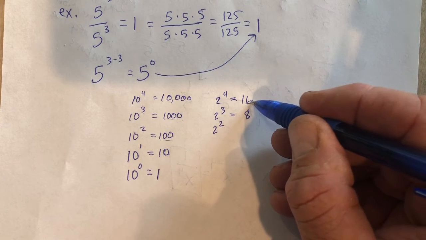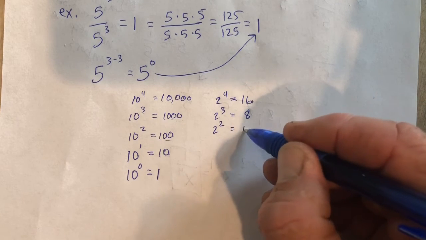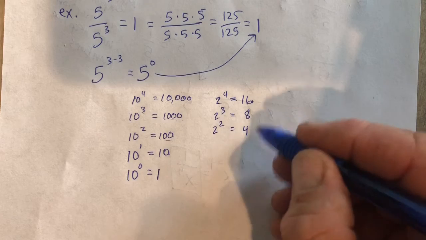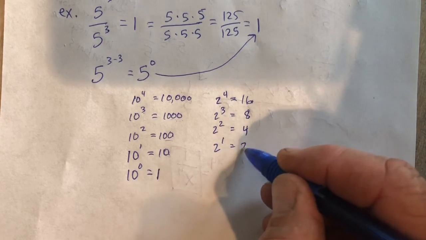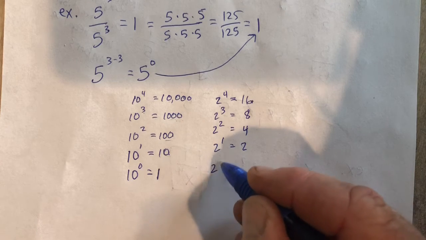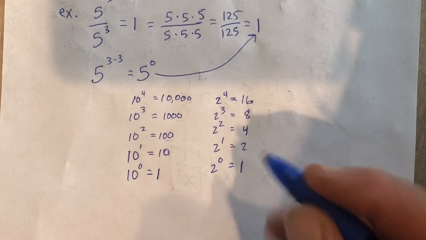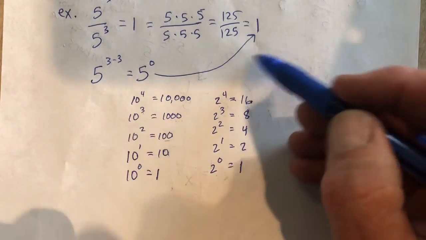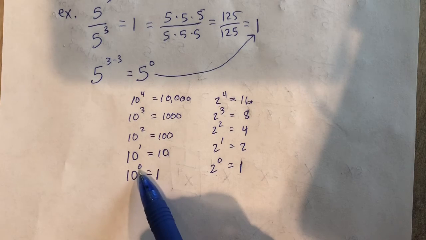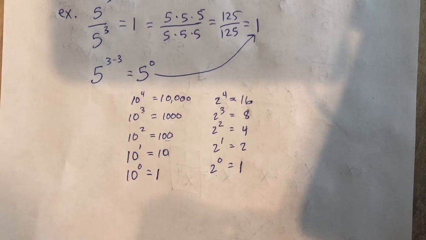So 16 divided by 2 is 8. 8 divided by 2 is 4, which makes sense for 2 squared. 4 divided by 2 for 2 to the 1st power is 2. So 2 to the 0 power, or 2 divided by 2, is going to give us 1. So no matter what number we have, you can see 5 to the 0 is equal to 1, 10 to the 0 is equal to 1, 2 to the 0 is equal to 1. Any number to the 0 power is equal to 1.